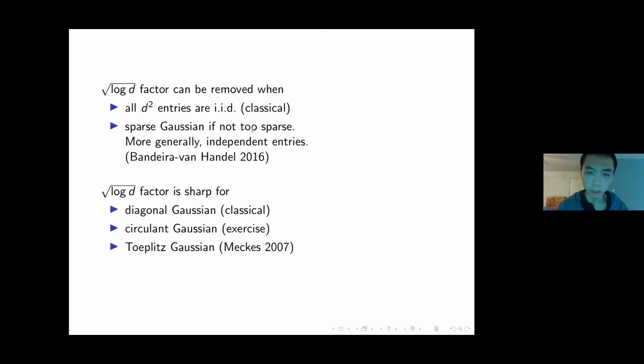If it is not too sparse, then we can also remove the square root log D factor. And even more general cases are when all the entries are independent, but not necessarily with the same variance.